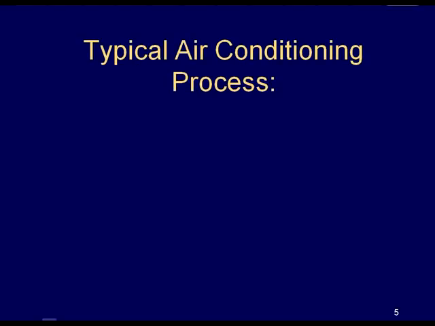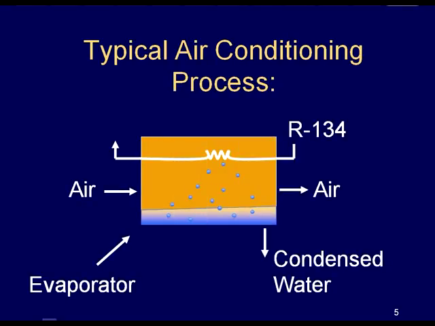All right, let's take a look at a typical air conditioning process. Here we have an evaporator, typically in an air conditioning system. We'll run R134 through the evaporator, so this is coming in very cold. Air will be blown across the evaporator, which is a heat exchanger.